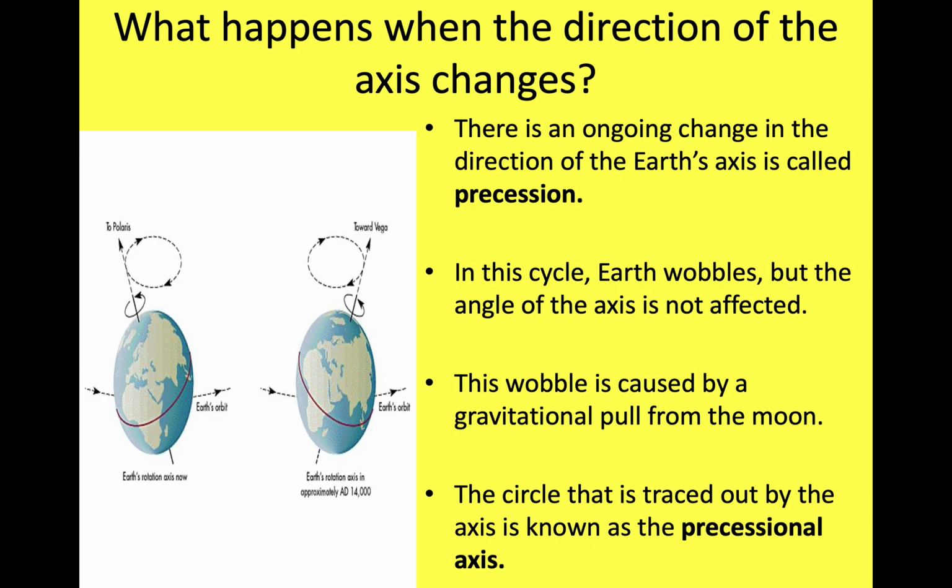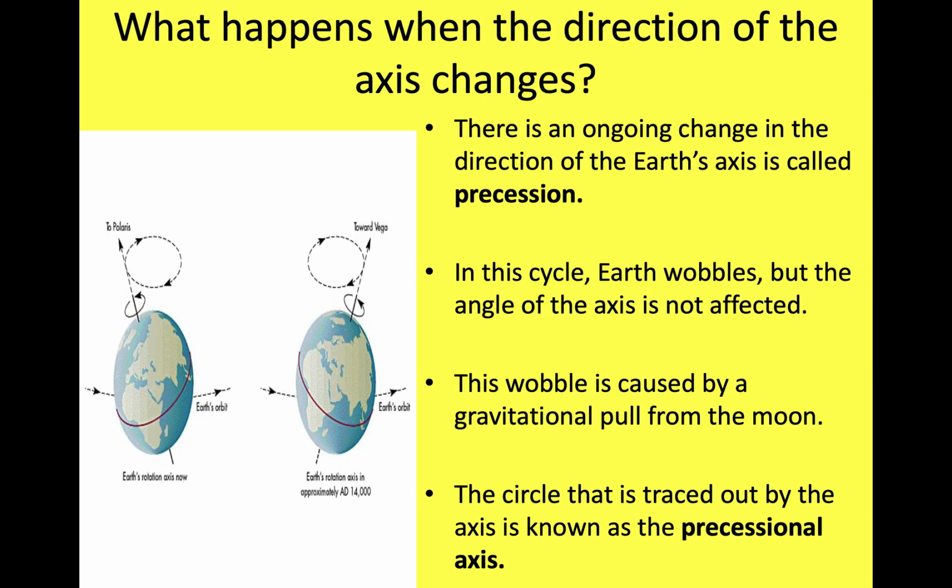This is pretty hard to imagine, and the best thing to do is to look at the visual aids that I've included. It's often very hard to find good videos and visual aids on precession. It's just not talked about that much outside of academia. In this cycle, Earth kind of wobbles. The angle of the axis is not affected.